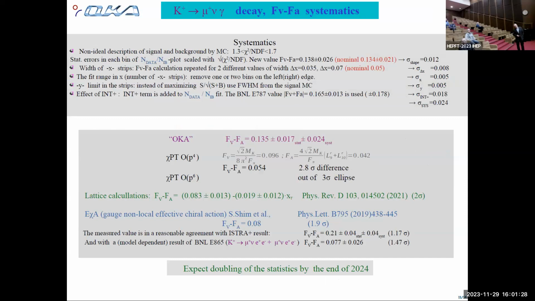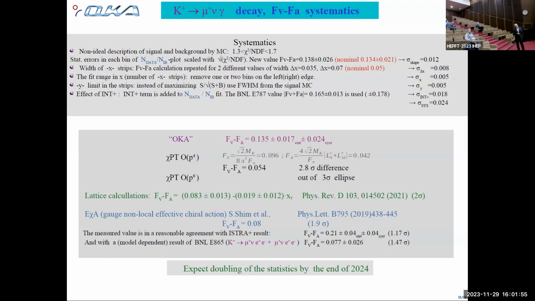Still, there is a difference, but it's only 2 sigma, so it's not so bad. Okay, so roughly that's everything about this decay. We expect a doubling of statistics at the end of next year, and hope to clarify the situation here.